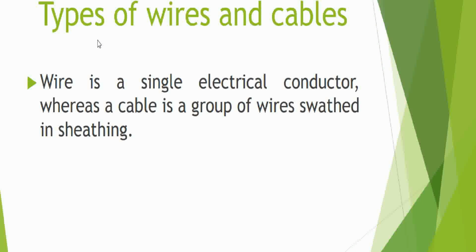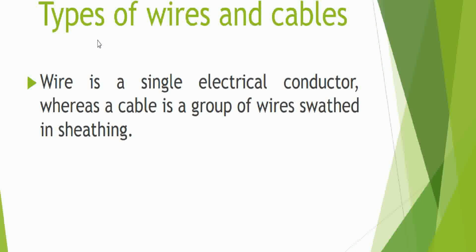Now the point to discuss is types of wires and cables. So before going to the types of wires and cables, let us see what we mean by wire and what we mean by cable. A wire is nothing but a single electrical conductor.